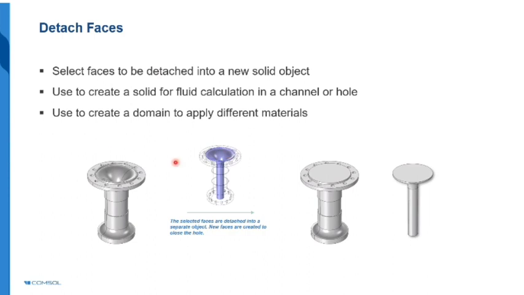In that case, if you select this detached faces operation and select these surfaces under detached faces, it will create separate domains. That is, the outer part will be a separate domain, and this inner part will be a separate domain, and hence you can apply various material properties, domains, or boundary conditions as well.